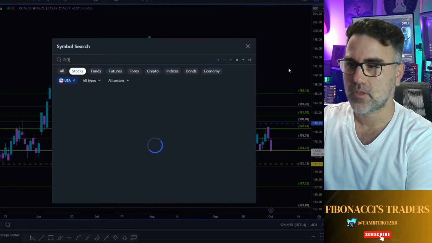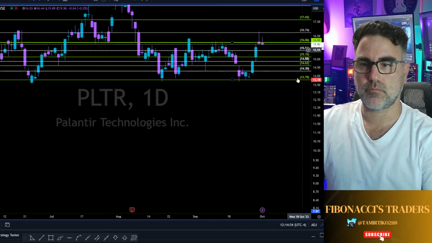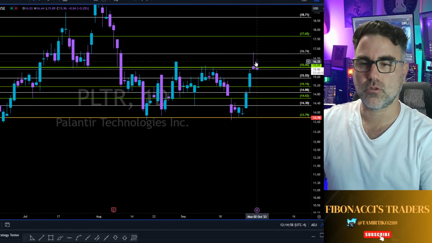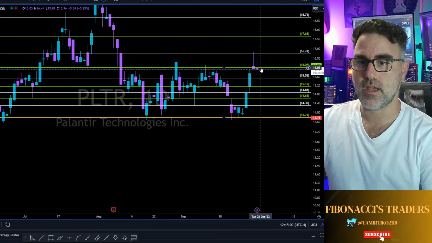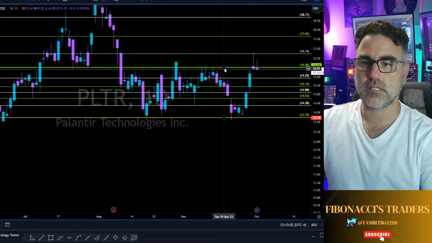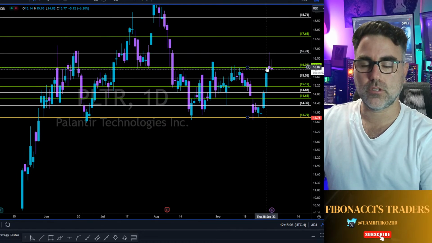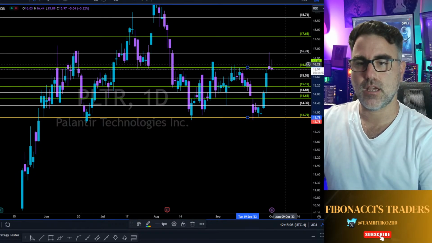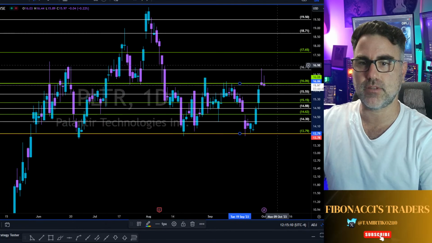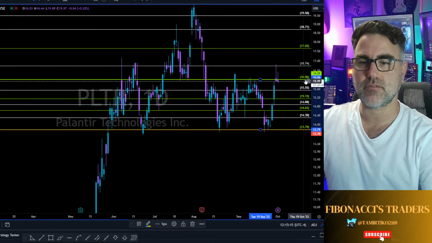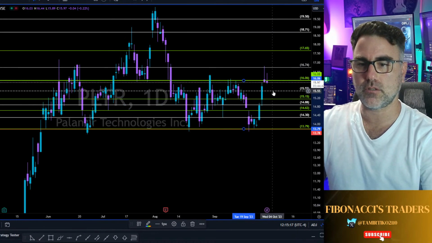PLTR. We talked about this pre-market. Now, let's see. 2 consecutive dojis. This doji for now. Let's see how this day will end. Long, only after 2 days above the 16 area, towards the 1674. Below 1555, we can start taking short.